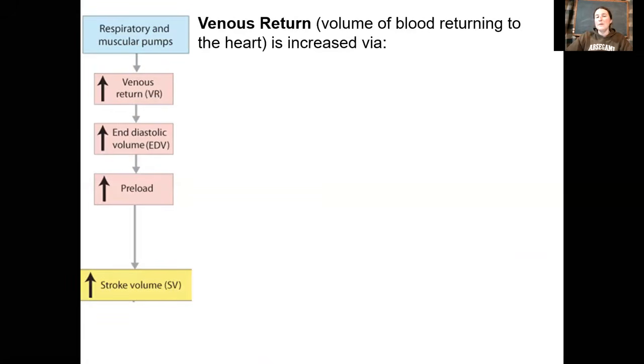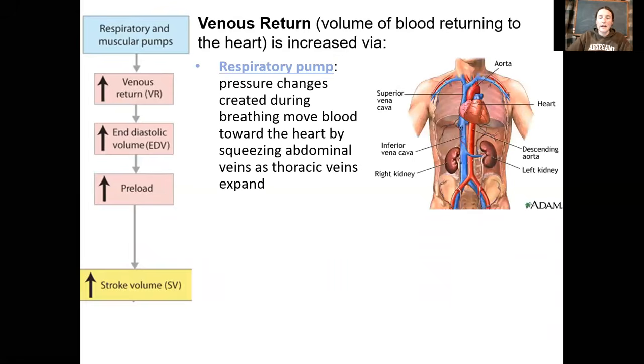Okay, so let's talk a teeny bit more about venous return, right? The respiratory pump. Right, as we can see in this diagram over here, this is the diaphragm. Our heart is right here. Our inferior vena cava is draining blood from the rest of our body. And hopefully it gets through the diaphragm and back to our heart. So that is a significant portion of venous return.